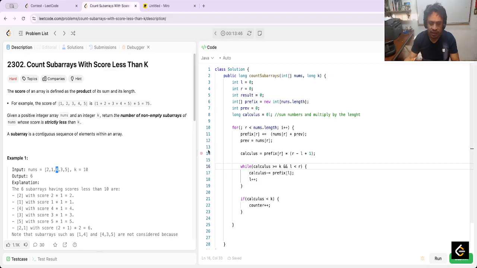But in this case, at no moment does this change state, because the calculation is still greater than k, but here it's false, so it stops. In this case 40 or 14, whatever, is not less than 10. In the case that it is less, we count it. In the case that it isn't, well, don't count this subarray.